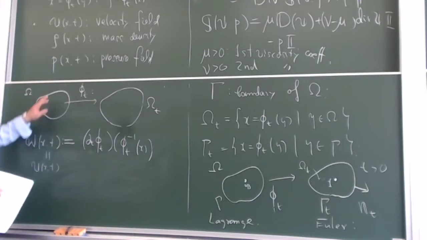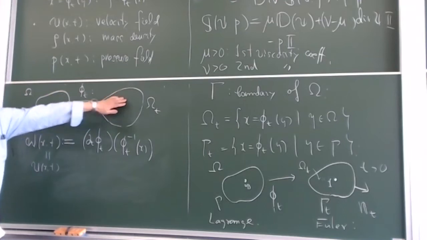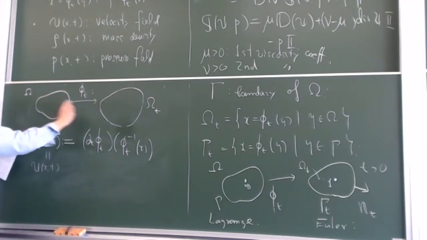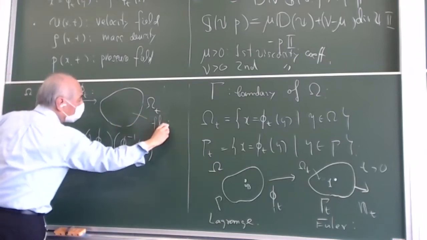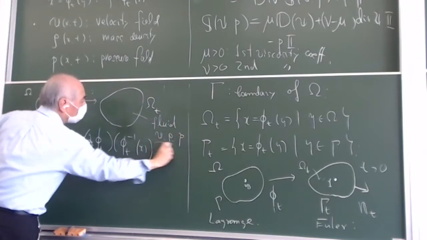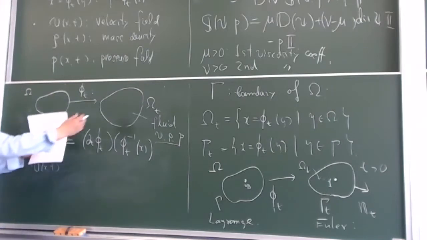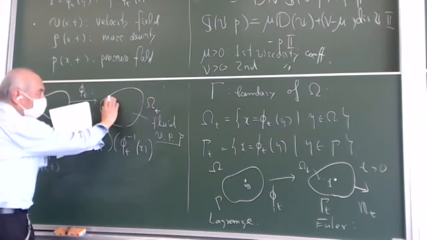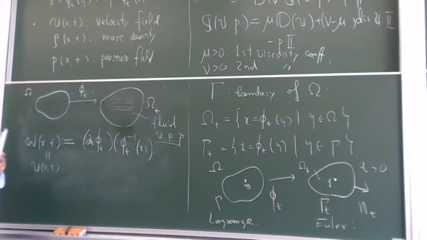But now the domain is fixed, and then we consider in here the fluid: V, rho, P. So the evolution of omega sub t and the flow velocity field, we assume, are different things.